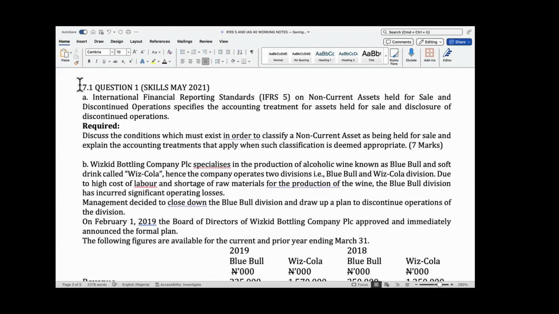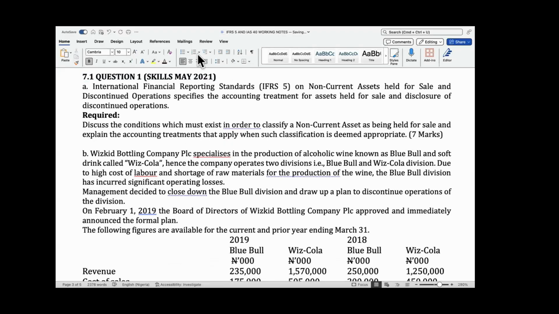Okay. So, Femi, please read this question for us. International Financial Reporting Standard 5 on non-current assets held for sale and discontinued operations specifies the required treatment for assets held for sale and disclosure of discontinued operations.